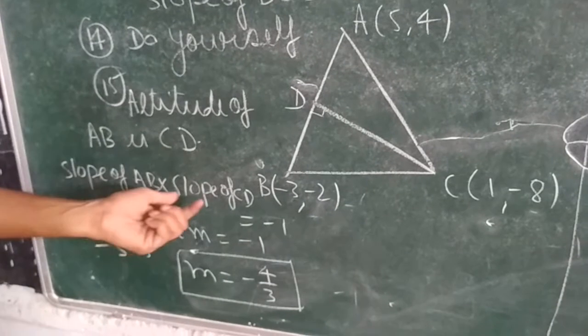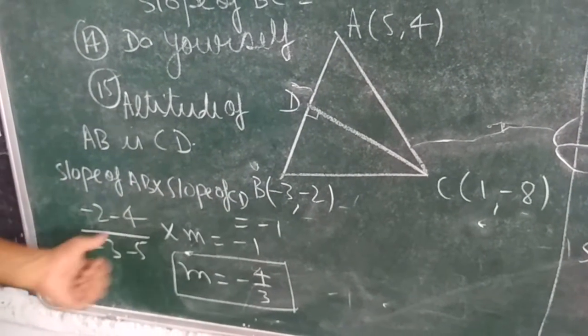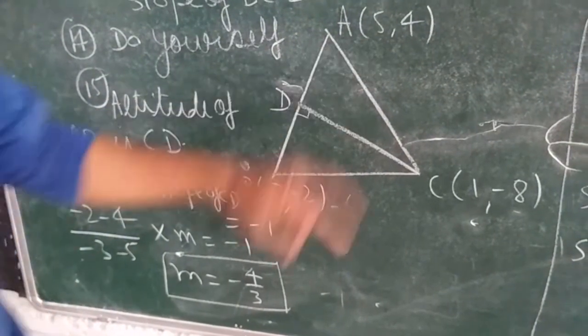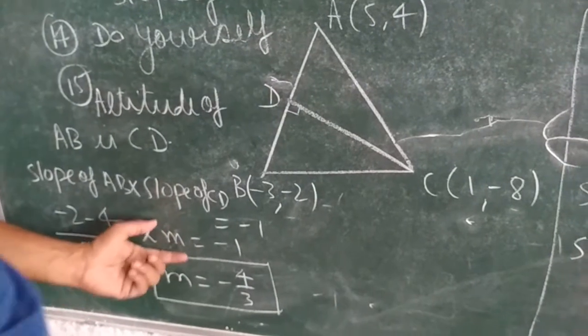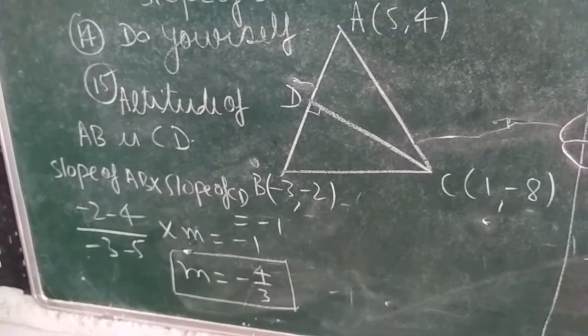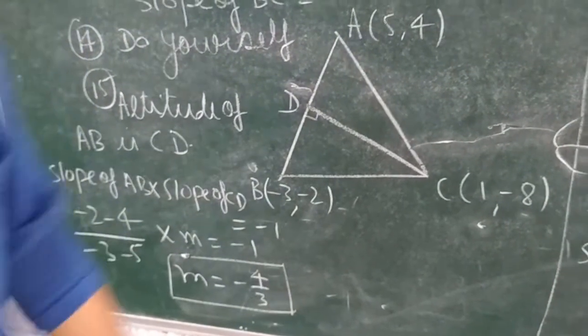Slope of AB into slope of CD is equal to minus 1. Slope of AB we can find because here we are given the A point and B point. So like this you can find, and into slope of CD, which I take as M, equal to minus 1. On solving we get M equal to minus 4 upon 3. This is the final answer.